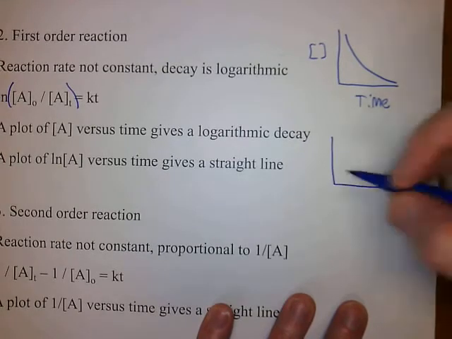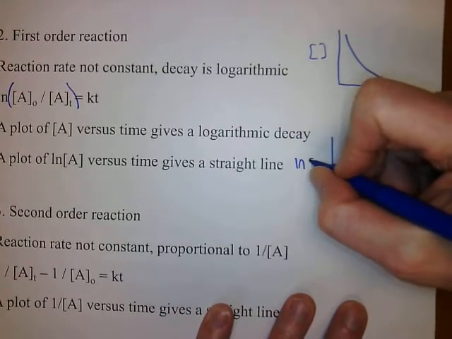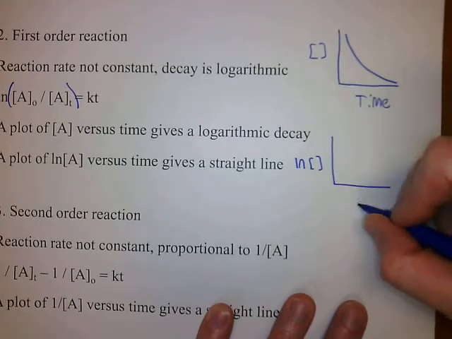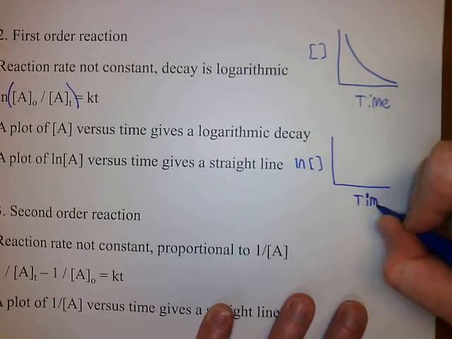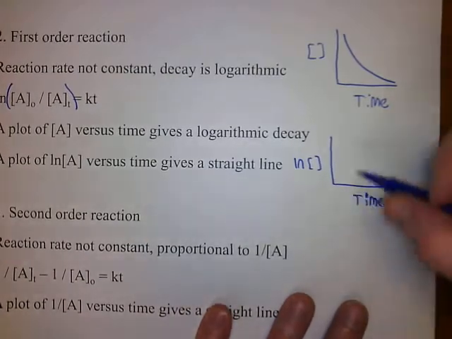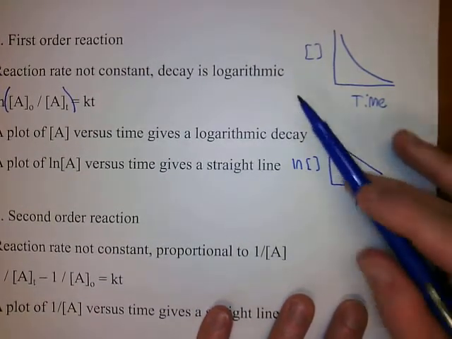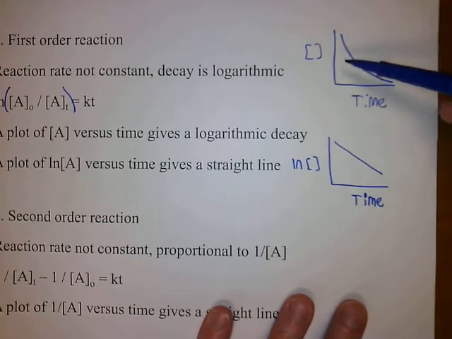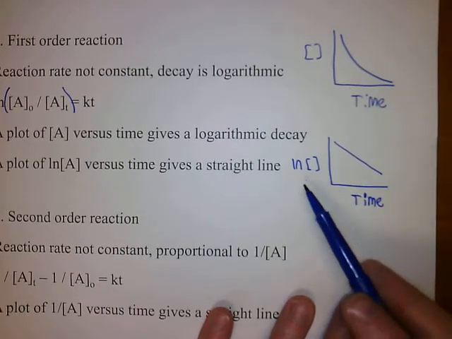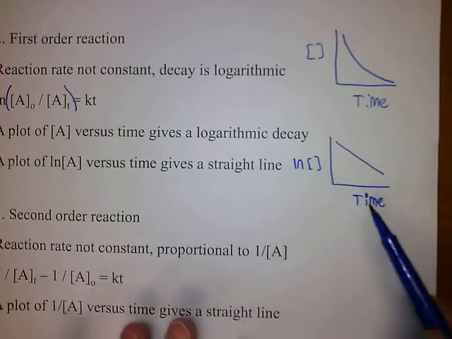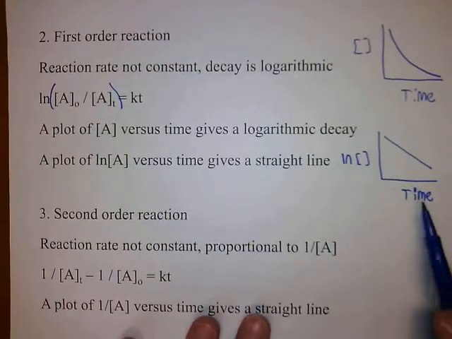So concentration versus time is a logarithmic decay, and the natural log of the concentration versus time gives us our straight line.